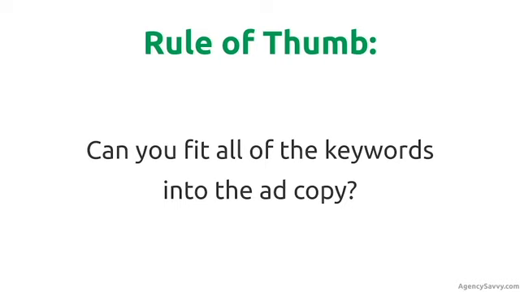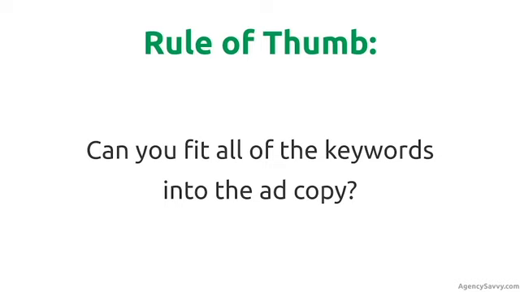A really good rule of thumb that I was taught when I was starting AdWords a long, long time ago is: can you fit all of the words that you've got in those keywords into your ad copy? So if you've got 100 different keywords in one ad group, then clearly you couldn't possibly fit all of those different words into one little ad with 140 characters of room.